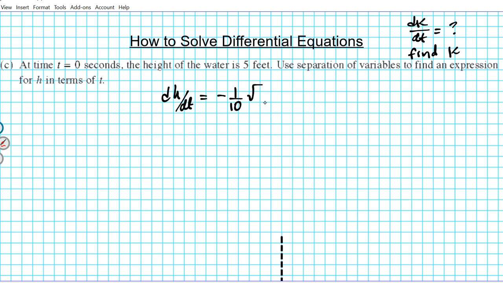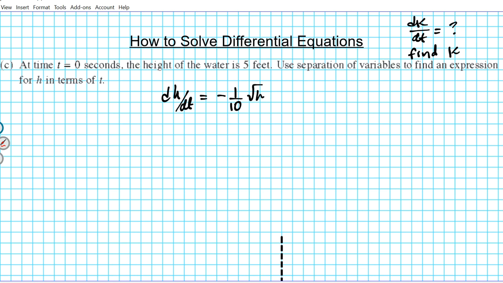If they give you an equation involving differentiation and you have to isolate or find the dependent variable, it could be y or whatever is in the numerator on the left side, you're solving a differential equation. That's what you're doing.